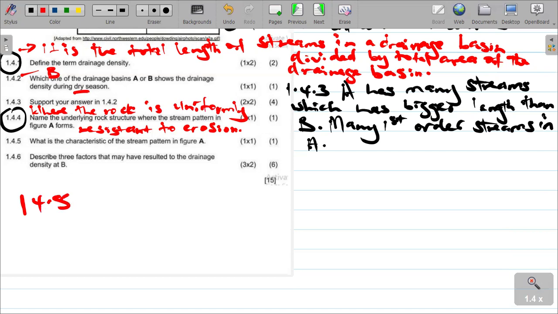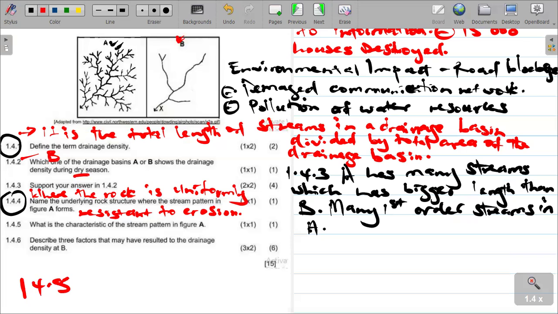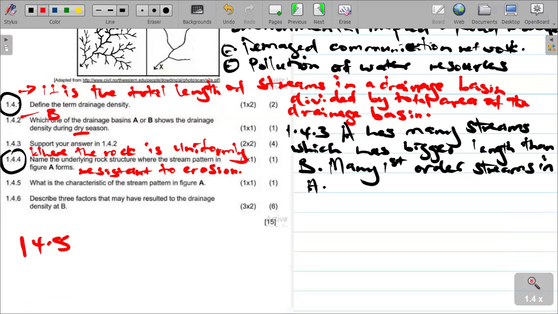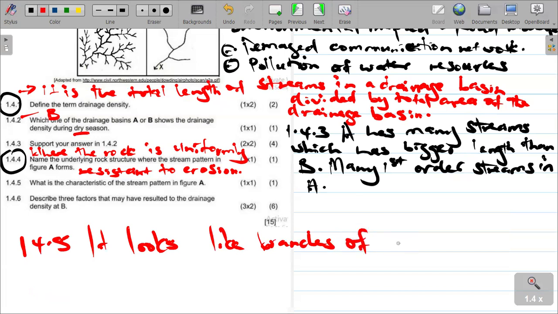1.4.5. The characteristics of this one, there are quite a lot. It looks like the branches of a tree.